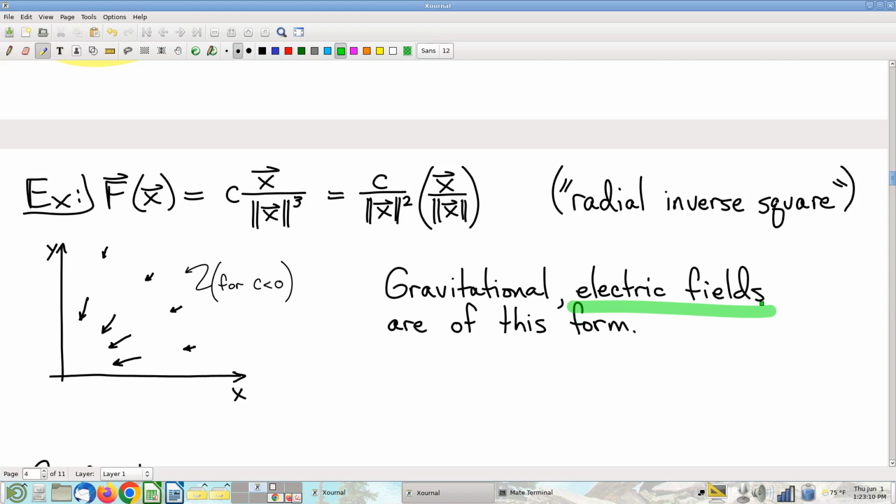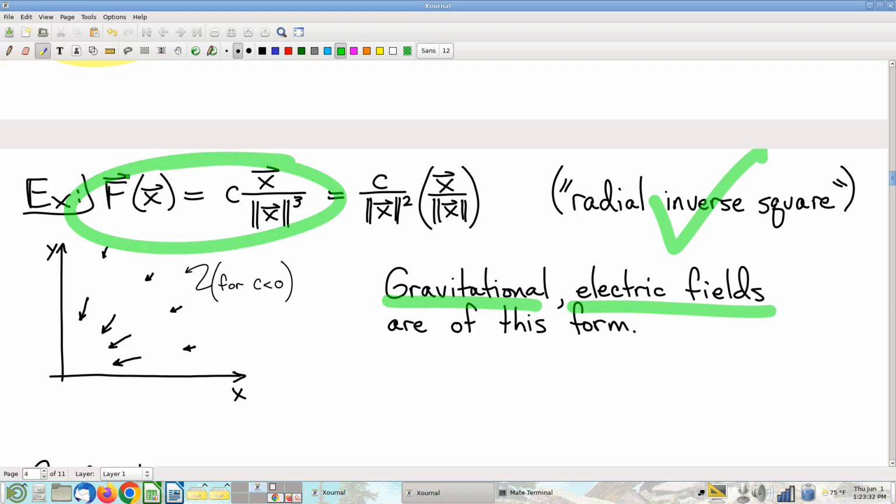Again, inverse square on distance, and directly along the line between them. And so electric fields, other than some constants and different physical interpretations, look just like gravitational fields. They're both radial inverse square. In other words, they both have this form.